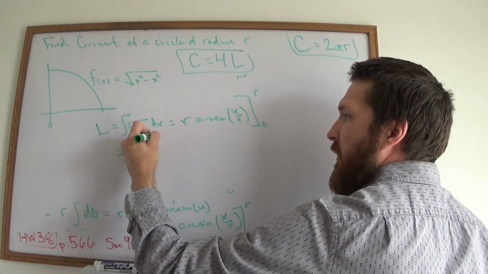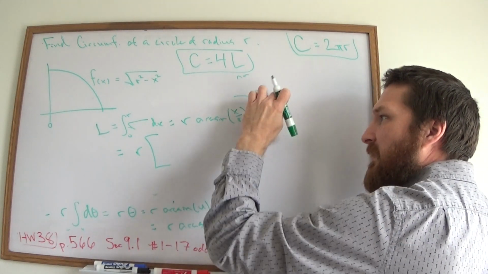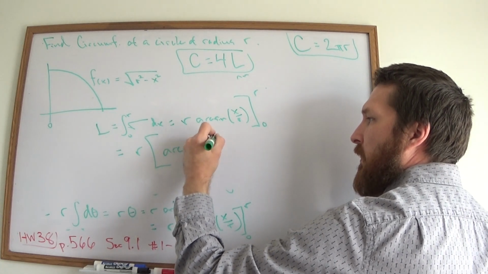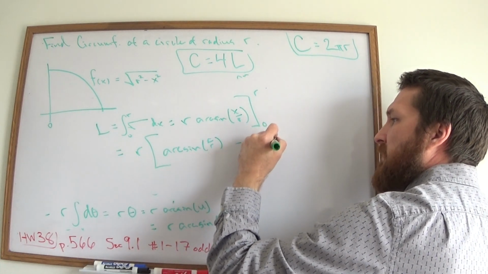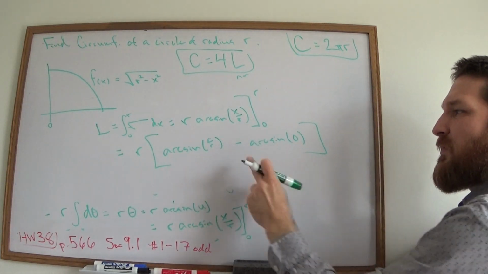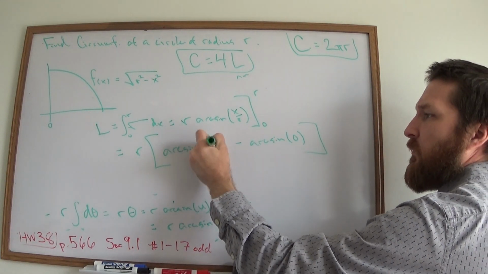So that's r times, plug in the r, I get arc sine r over r minus arc sine 0 over r, which is 0. So that's arc sine 1. What's arc sine 1?